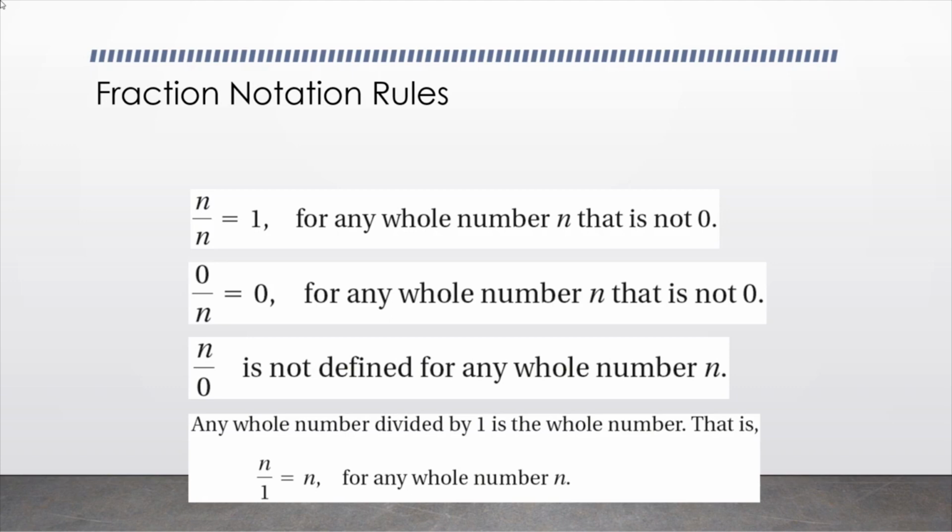Now, if it's n divided by 0, that's not defined. Sometimes you might see undefined, which means the same thing. And since division is kind of unique with ones, if you divide a number by 1, you get that number back.